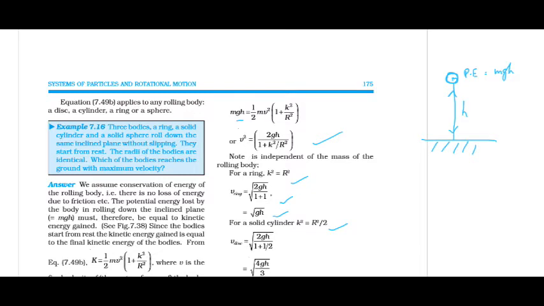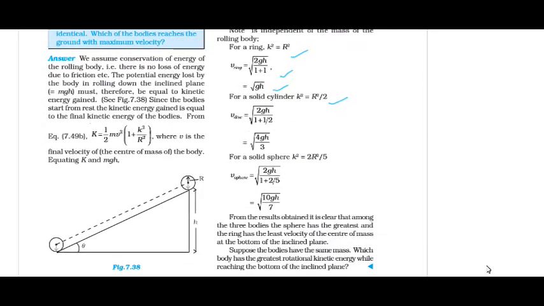For a solid cylinder, k square is equal to r square by 2. Putting these values in the equation, we get v disk is equal to under root 2gh upon 1 plus half, that is 3 by 2, and upon solving, 4gh by 3. For a solid sphere, k square is equal to 2r square by 5.